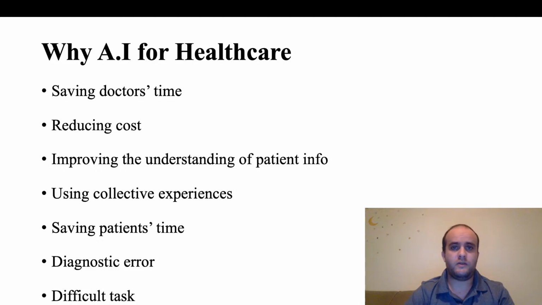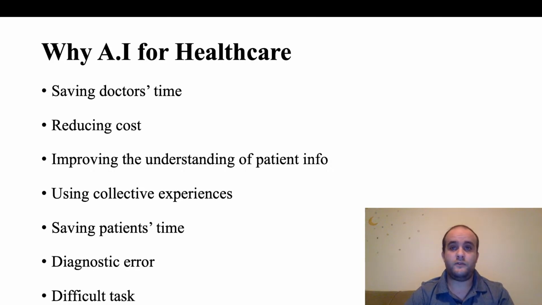The cost of healthcare is going up and up, and sometimes it is because of expensive scanning or imaging, the radiologist cost, and other costs. If that part is taken care of by AI, then that cost will be significantly decreased.